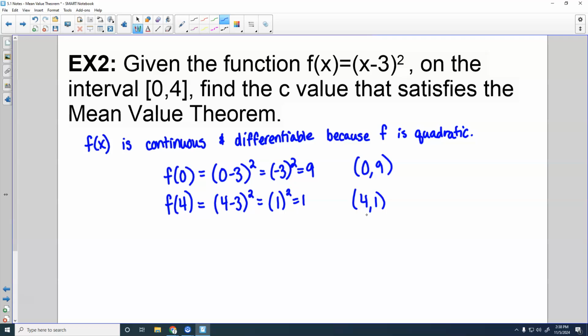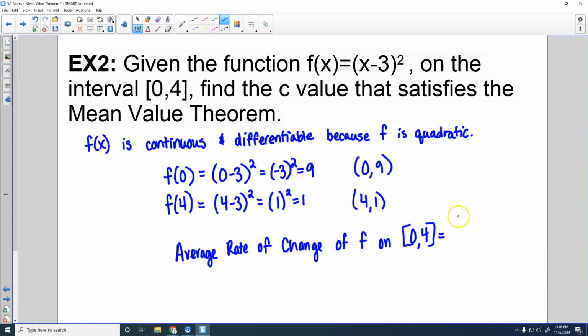If we don't have a graph, we can just plug in our x values to find the y values. And so our average rate of change of f on [0, 4] would be just the slope formula, (1 minus 9) over (4 minus 0), which would give you negative 8 over 4, which is negative 2.